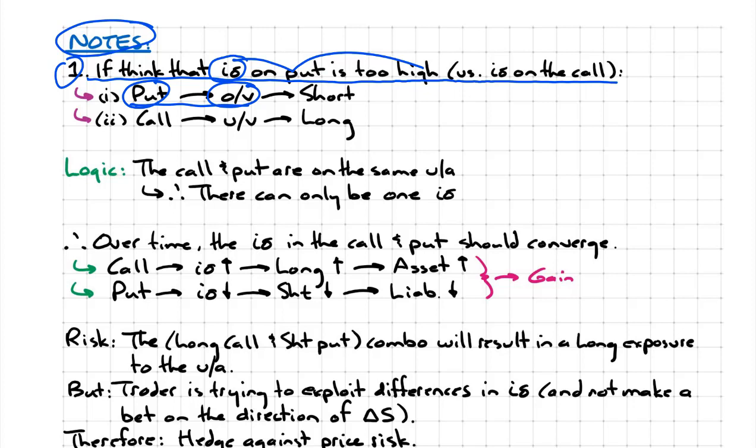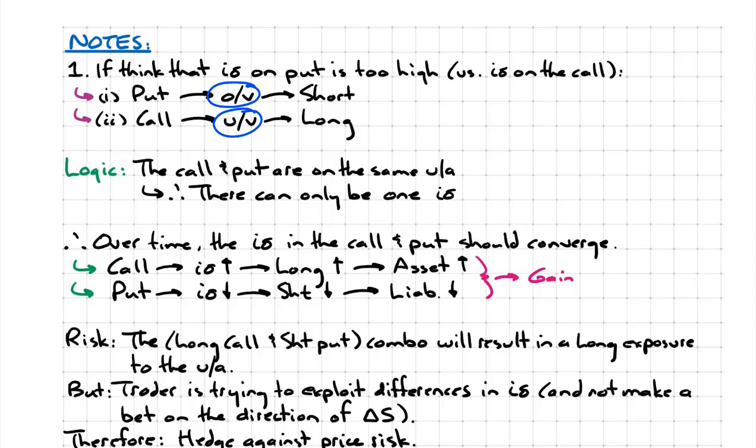And as a result, relatively speaking, the call would be undervalued. But ladies and gentlemen, once you reach this point, in other words, you determine what's overvalued and undervalued, the rest is just automatic. I mean, if something is overvalued, it doesn't matter if it's an option, a stock, a bond, or real estate. If you hear that something is overvalued, you take a short position. On the other hand, if something is undervalued, you take a long position in it.